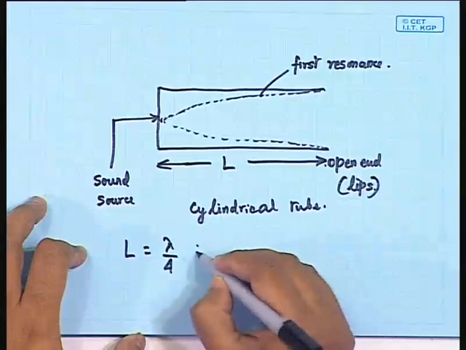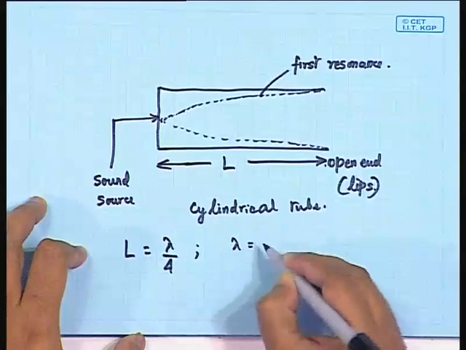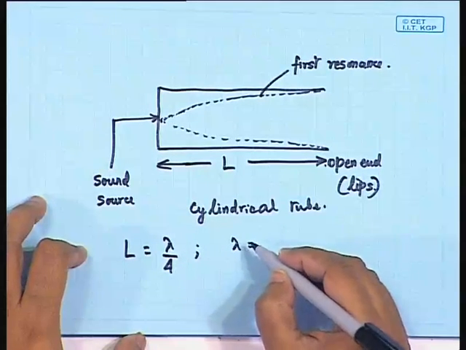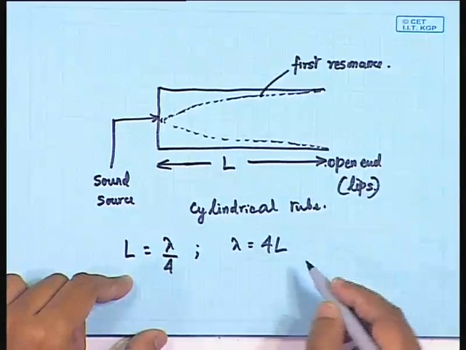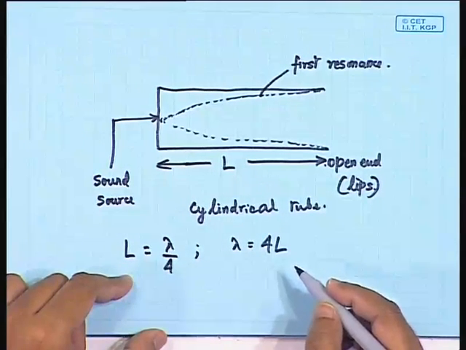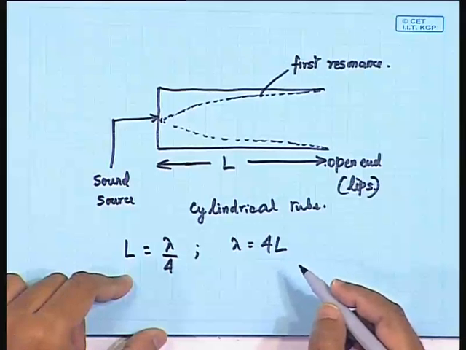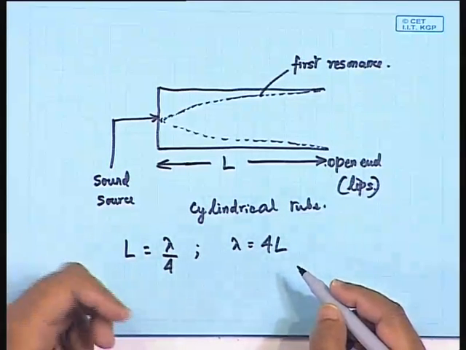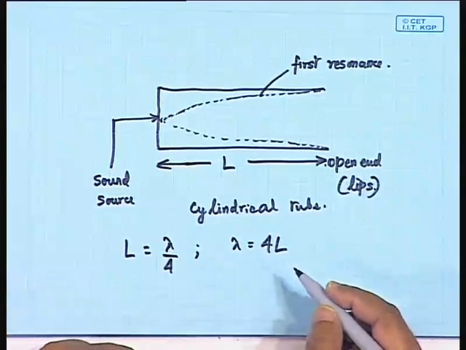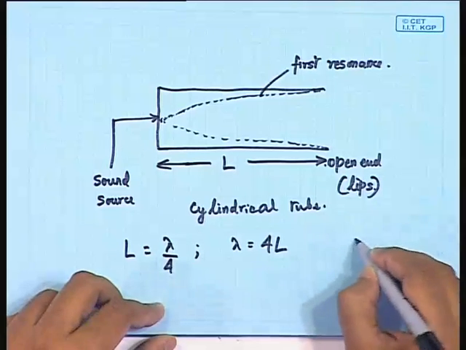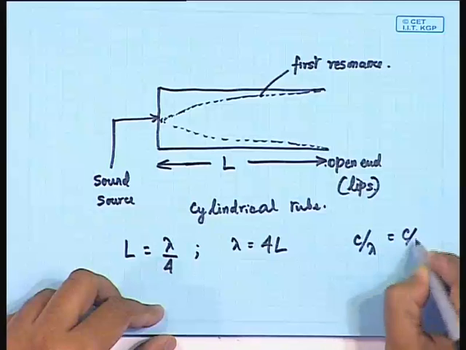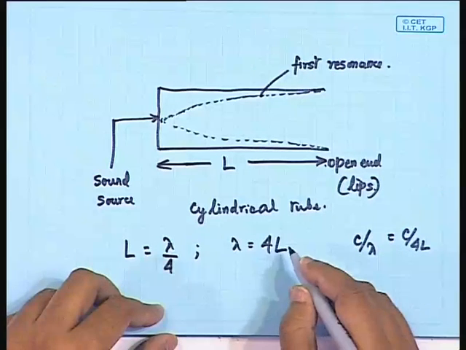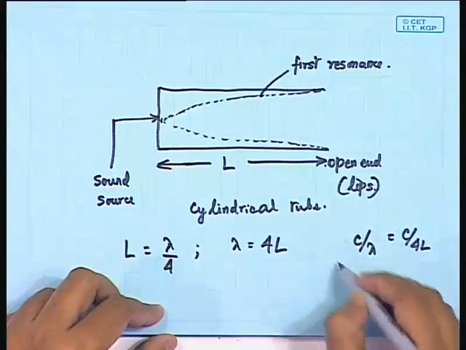Rather, we should write it the other way: the wavelength of the first resonance would be lambda equal to 4L. And if we express this in terms of the resonant frequency, it will be C by lambda, or C by 4L. So this will be the first resonant frequency.